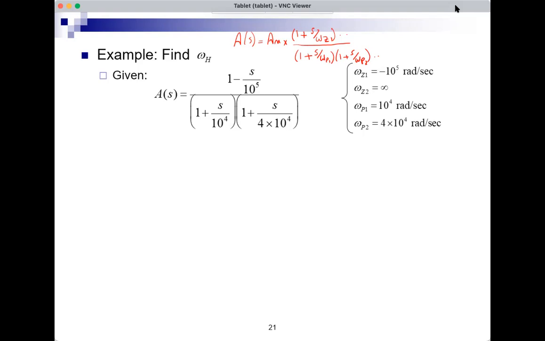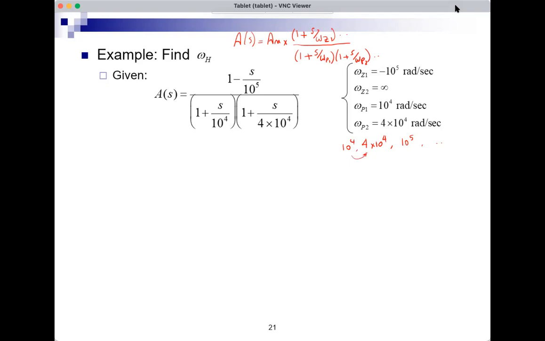So we sort the poles and the zeros in absolute value. What do I have? I have 4 times 10 to the 4. Before that, I have 10 to the 4. And after that, in absolute value, I have 10 to the 5. And there is this 0 at infinity that we will not show. So this is the order: omega p1, omega p2, omega z.